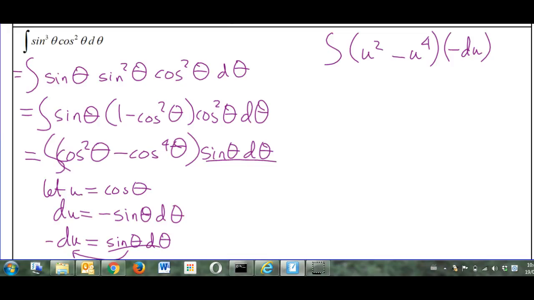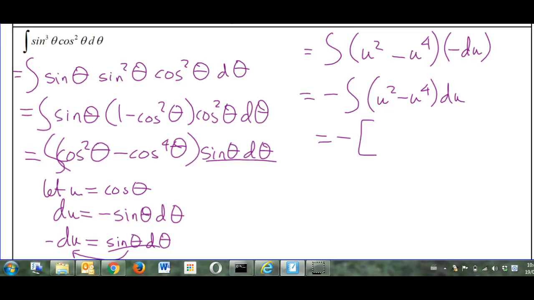Negative, we'll just kick that out front. So negative, got u squared minus u to the fourth du. Don't leave the brackets off. Make sure there's brackets. It's the u squared minus u to the fourth, which is negative.